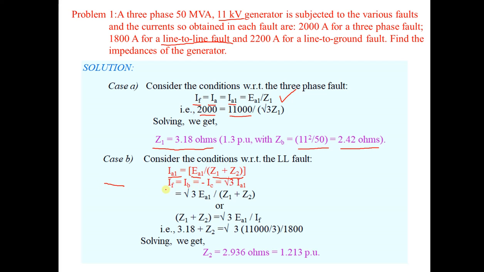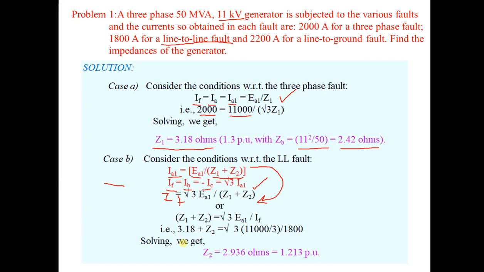So here the fault current IF will be equal to IB equal to minus IC, so root 3 times IA1. Just applying the formula, root 3 times EA1 by Z1 plus Z2, or we just cross multiply, so Z1 plus Z2 is root 3 times E by IF.